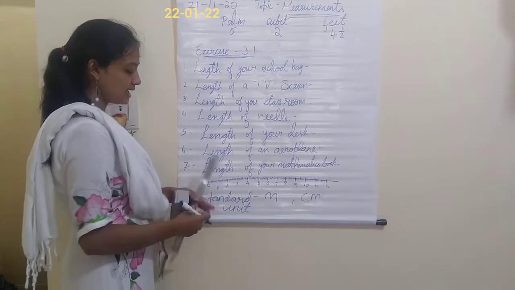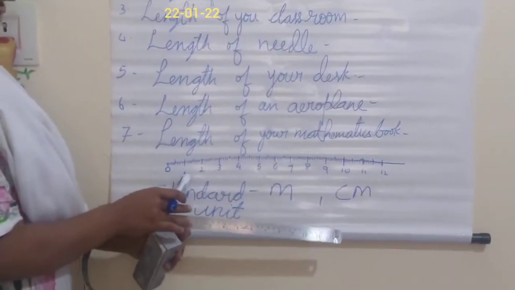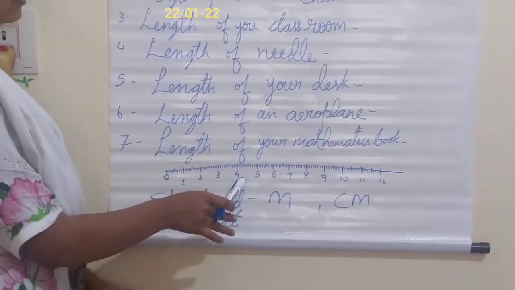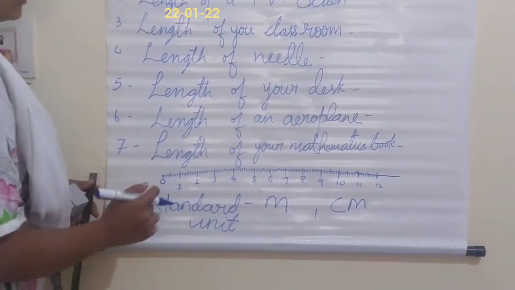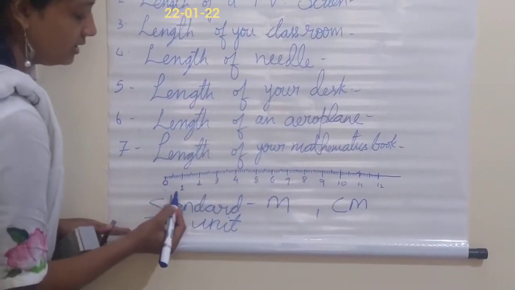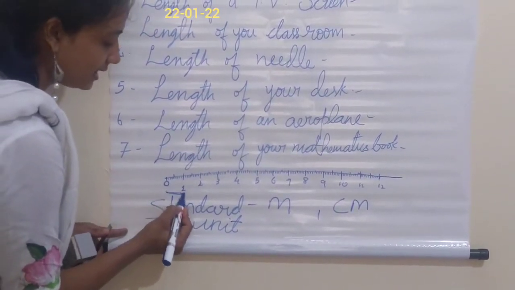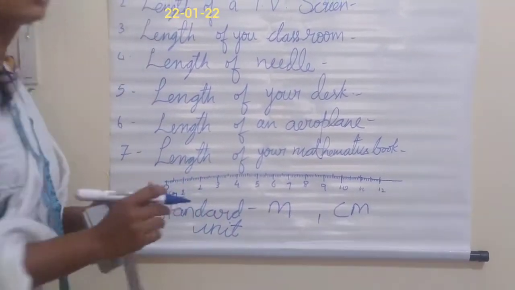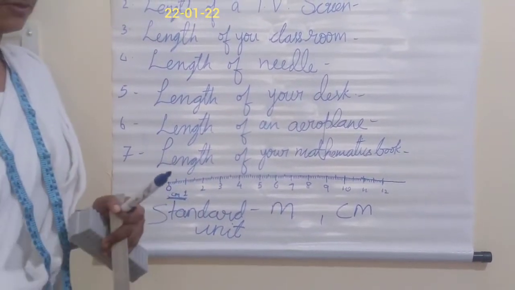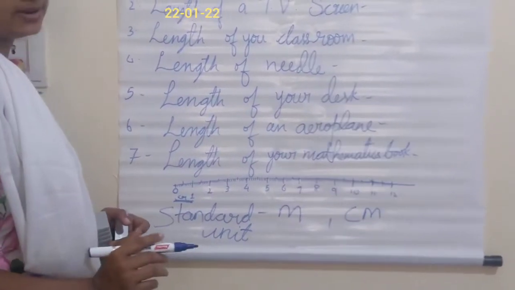So even in scale, you have numbers like from 0, next 1, 2, 3, 4 and so on. It goes on. So how you measure from 0 till 1. This is 1 centimeter.